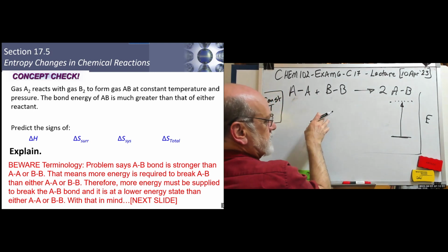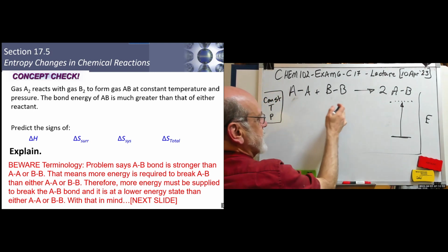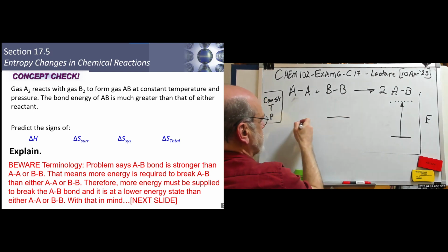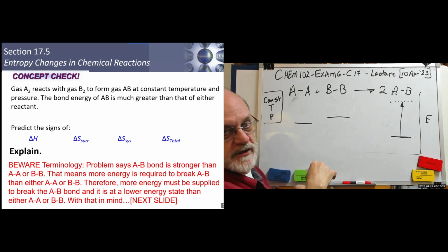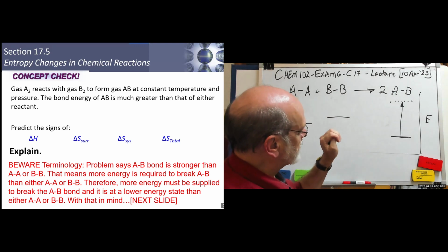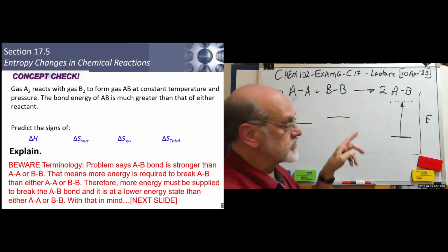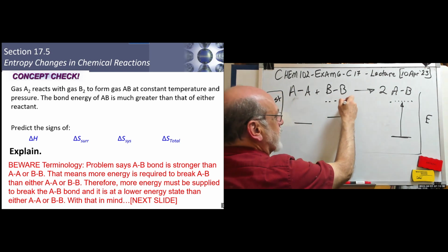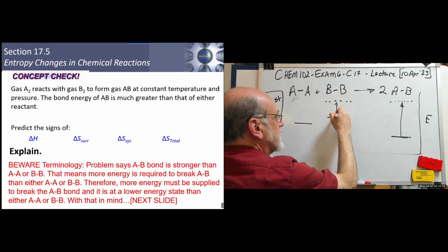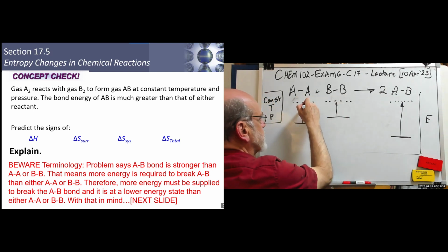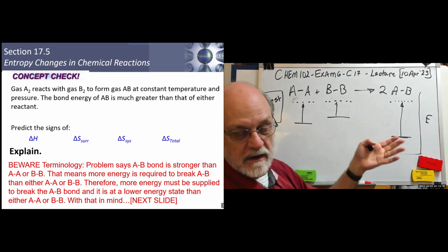But if the bond energy of A and B are over here somewhere, say, here maybe and here, just speculating, as long as the bond energy here is greater than it is here, then the energy required to break this bond is only that much, and the energy required to break this bond is, say, that much.